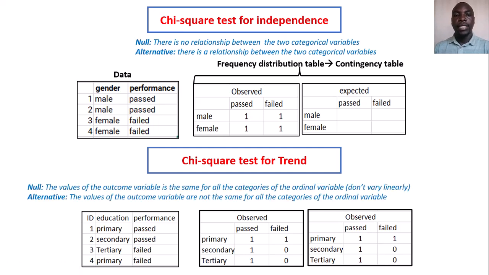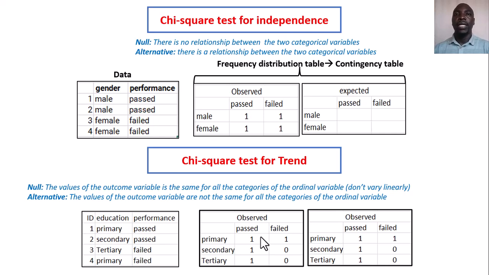The hypothesis that we are testing here is that the values of the outcome variable are the same for all the categories of the ordinal variable. In other words, the performance of an individual is the same for the different levels of education.